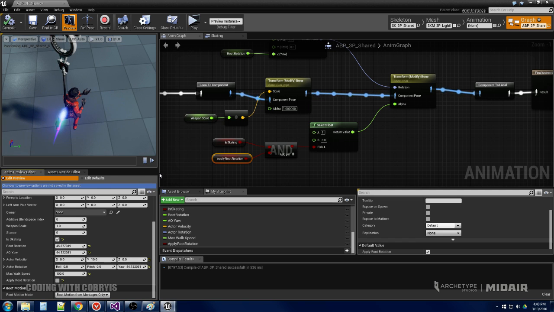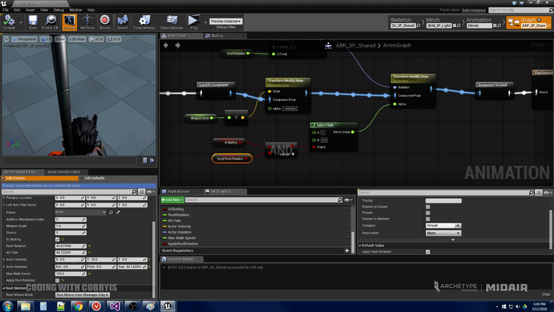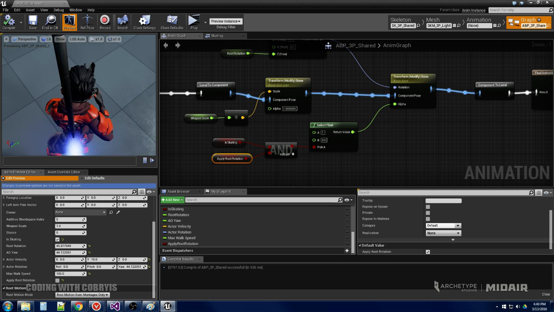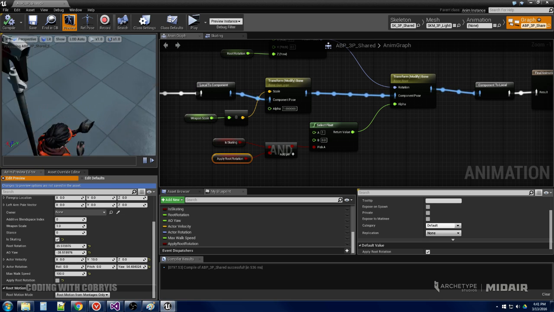Alright, once we hit 45, he'll turn in his feet and face the other way. Now, why is it that once we hit 45, his AO yaw doesn't go to -45? Or it does. It's just not satisfactory. Is that really -45?